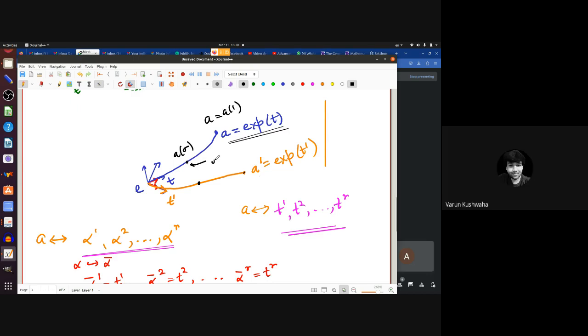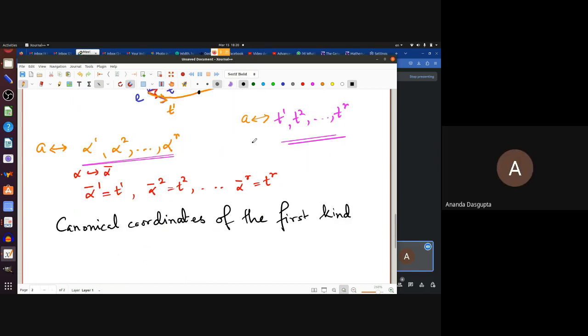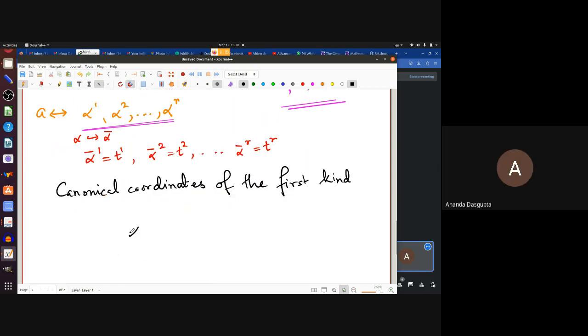Sigma T1, sigma T, sigma T1 bar R at sigma will be nothing but sigma T, right?